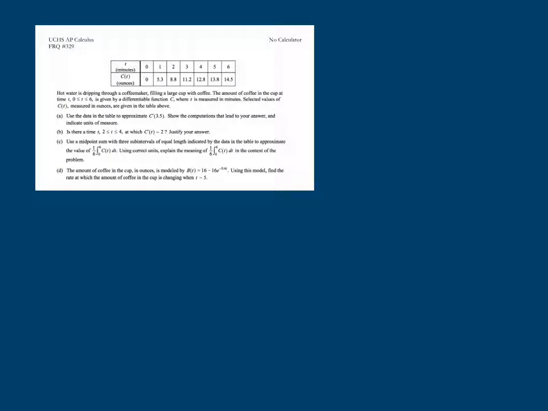B says, is there a time t between 2 and 4 where the derivative is equal to 2? All right, so we're saying, is there a time where the slope is 2 between 2 and 4? Let me try to explain this. And by the way, it says, is there a time?